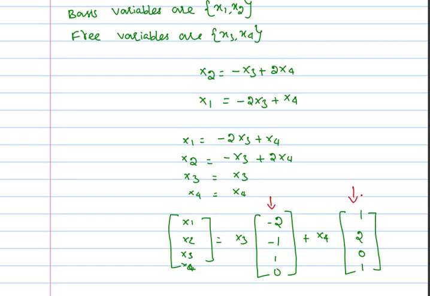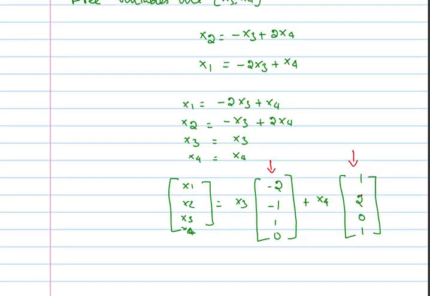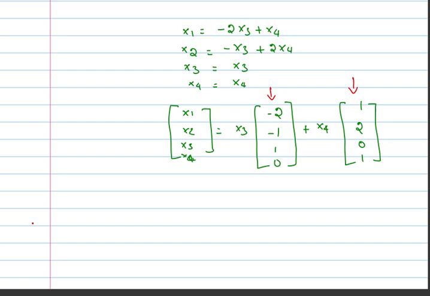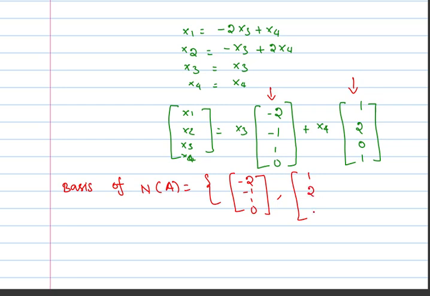These two vectors are the basis of the null space. So the basis of N of A is minus 2, minus 1, 1, 0 and 1, 2, 0, 1.